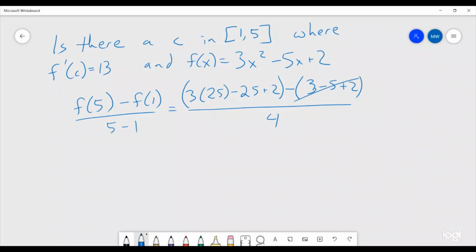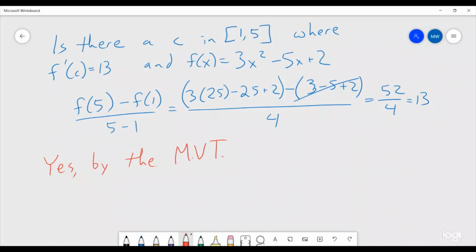So this other one goes to 75 minus 25 plus 2. So that's 52 over 4, which is 13. Okay, so the endpoints match, and our function is a continuous function. So the answer is yes, by the mean value theorem. Okay, if that didn't make sense, go back and study the mean value theorem a little bit more.